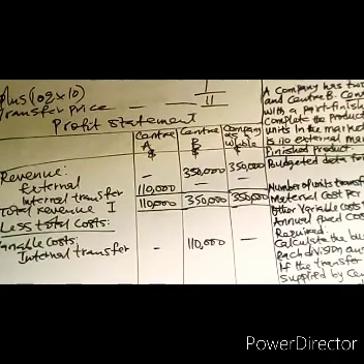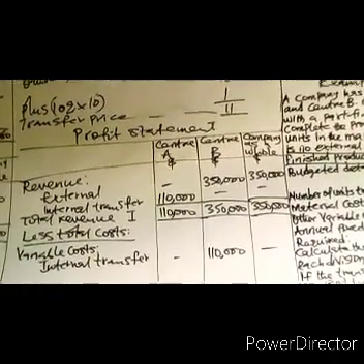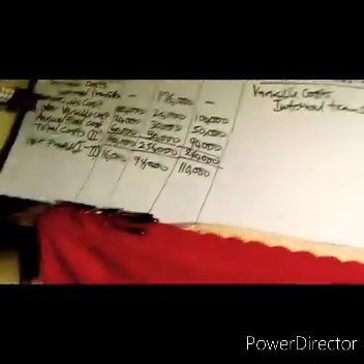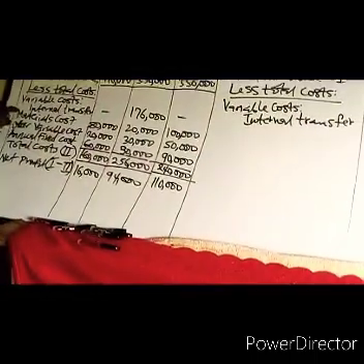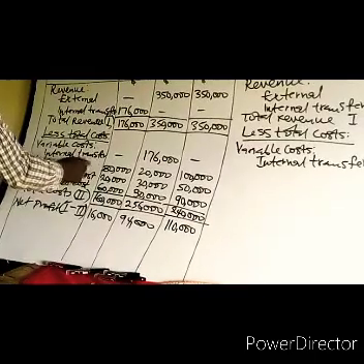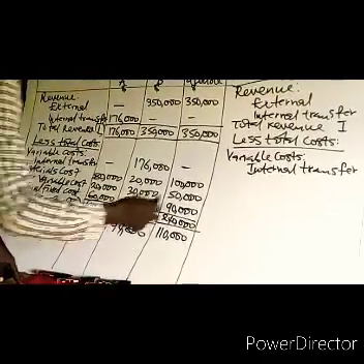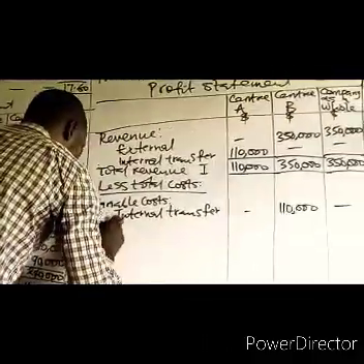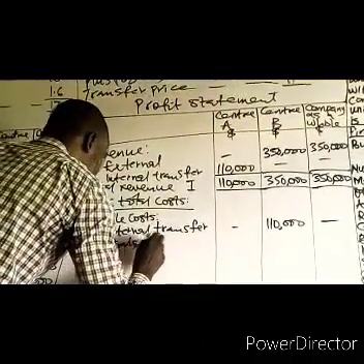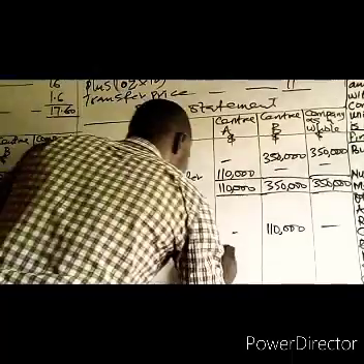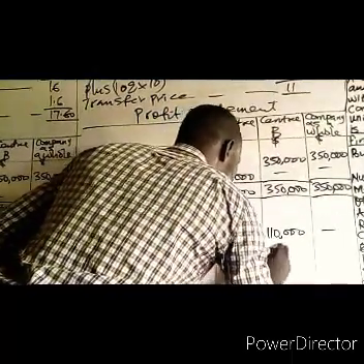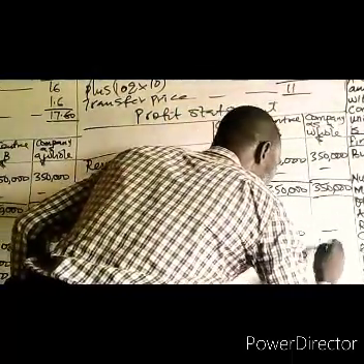The other variable costs include material cost, which is the same with what we have obtained in the other one, since the material cost is the same. Materials cost, that is $80,000, $20,000, total $100,000.